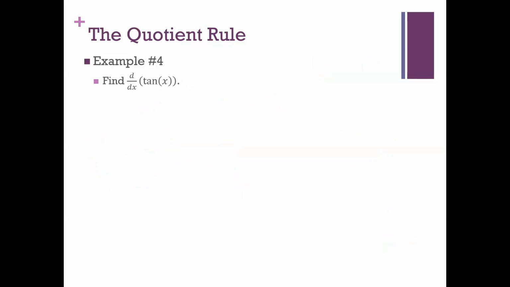So finding the derivative of tangent x, something we've not done before, but with the tools we have, this is something we have access to. Why would I bring up this function tangent x when we're talking about the quotient rule? Yeah, tangent of x is equal to sine of x over cosine of x.